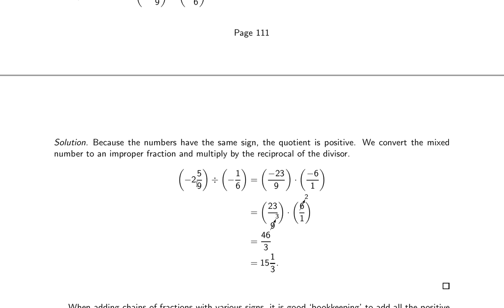You keep, change, flip. Dividing by a fraction is the same as multiplying by its reciprocal. The reciprocal of 1/6, flip it over, you get 6 over 1. So we have 23 over 9 times 6 over 1. Pre-canceling some 3's here, when you cancel 3's, you're left with a 2 here and a 3 here. So 23 times 2 is 46, 3 times 1 is 3.